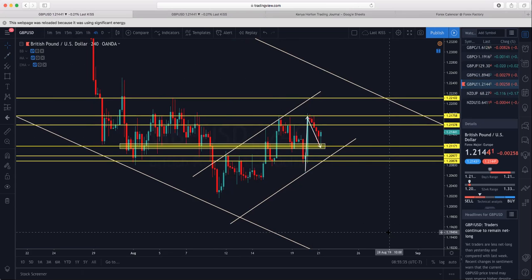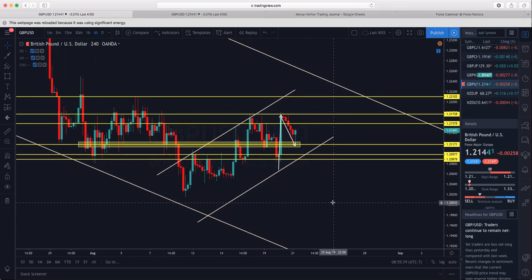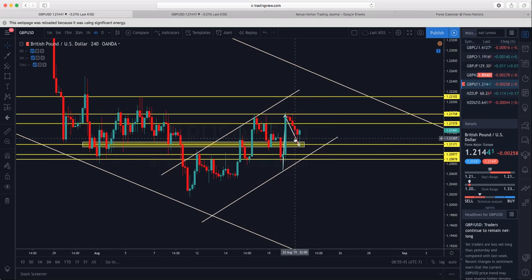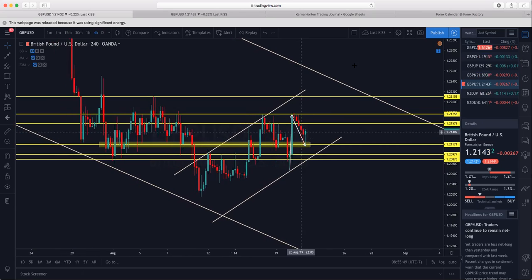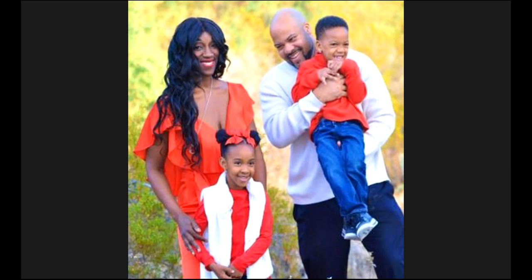And I said, if no pullback, then we have no entry. So remember, instead of entering right away, you can always set a buy or a sell limit at your target area.